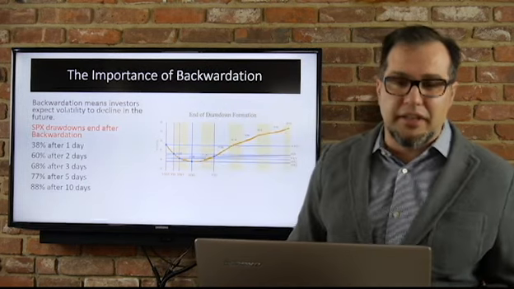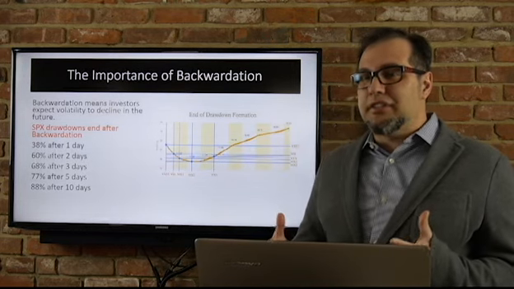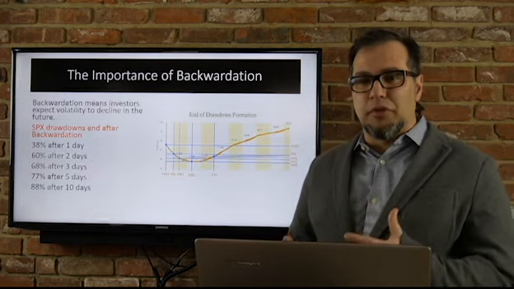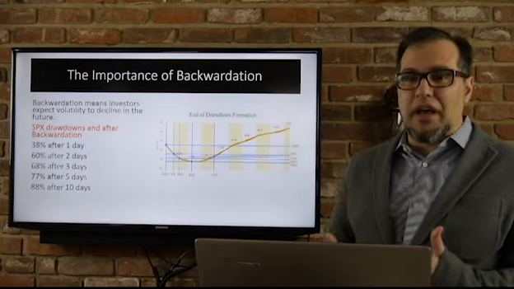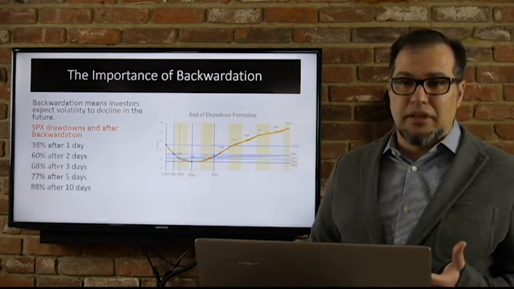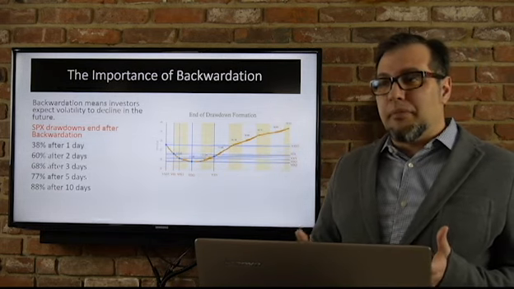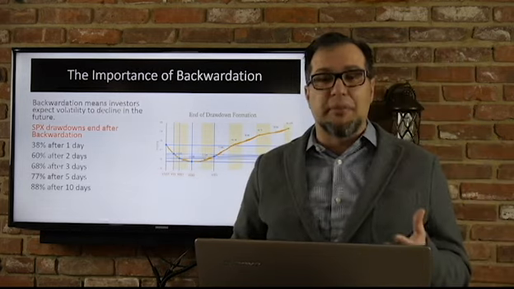So what we're saying here is that the moment the VIX futures curve goes into a backwardation, the SPX drawdown will end 75% of the time. It will end within a week. This is very good knowledge to have, and actually almost 90% of the time it will end after 2 weeks.